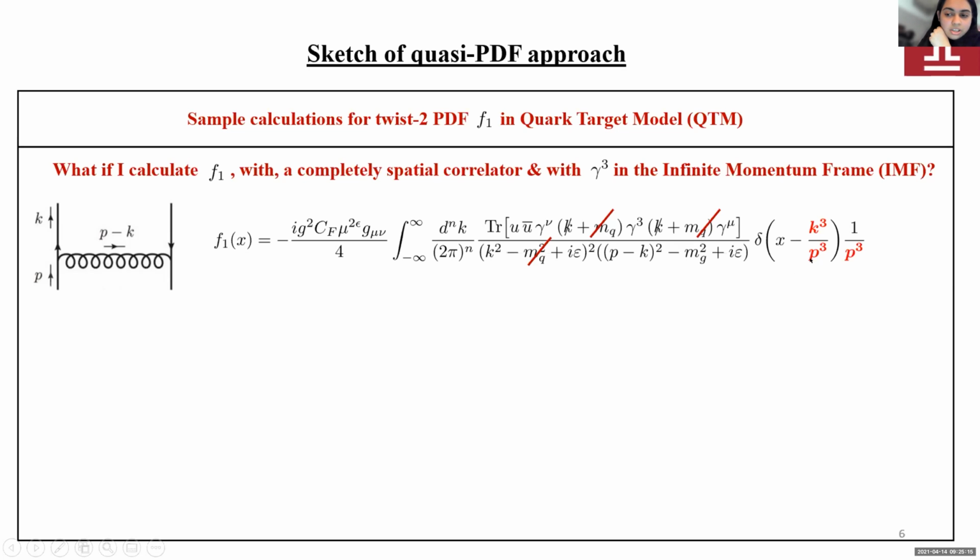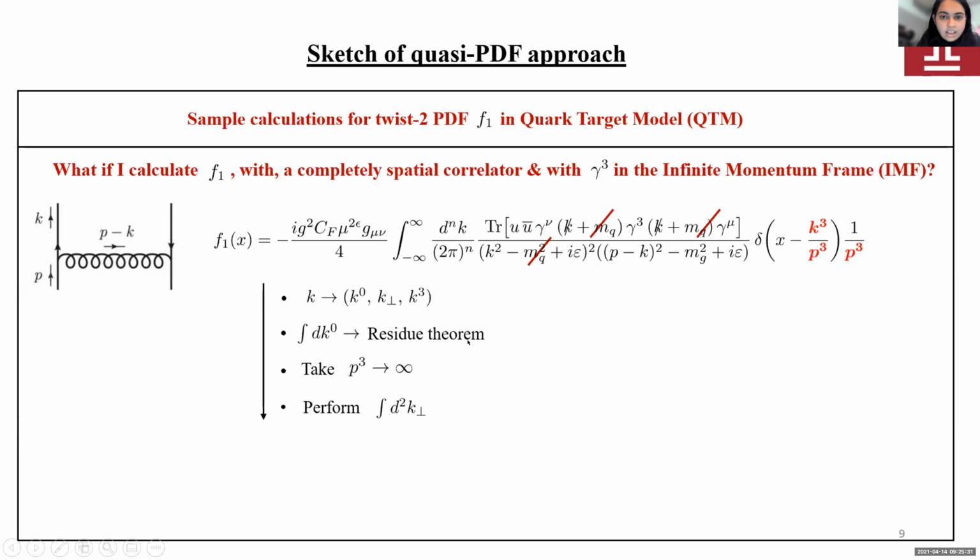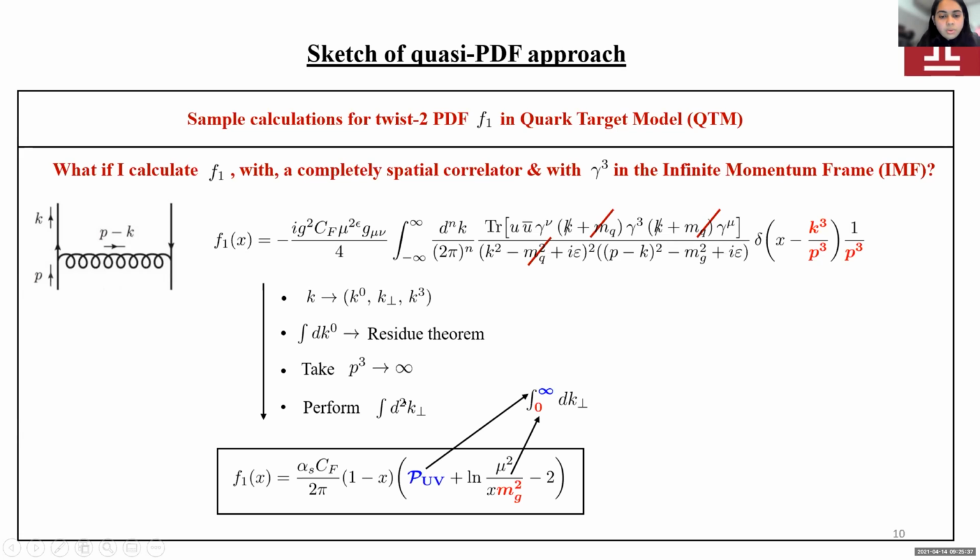P3 over here is the z component of the target nucleon momentum. Now, a standard way of dealing with these loop integrals is to decompose k in terms of the normal coordinates. The k0 integral can be done using a contour technique. And if you take the large momentum limit prior to performing this k-perp integral, you exactly get back your light cone result. So this is the UV pole, and that is the infrared singularity.